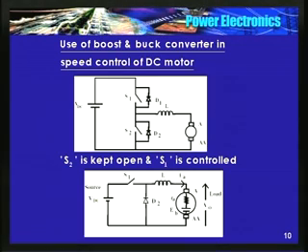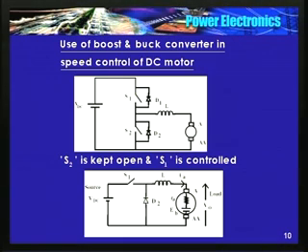VDC is the source, and the DC motor armature is the load. Okay, I'll repeat, this is the source, this is the load. V0 is D into VDC. If D is equal to 1, V0 is equal to VDC.